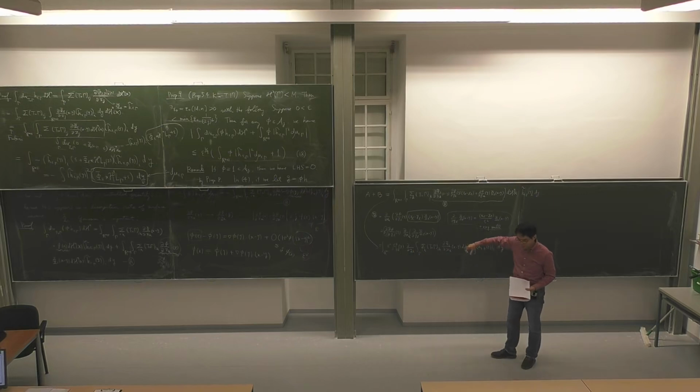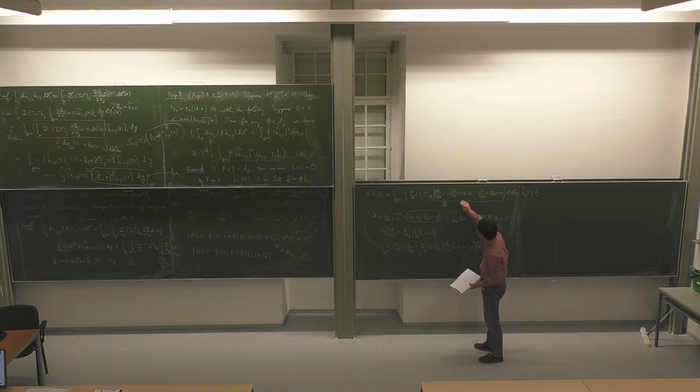A little bit like magic, but you can do this. I hope that's clear. This, that, and then just change the order of differentiation. Take y outside, and then you're left with this one.